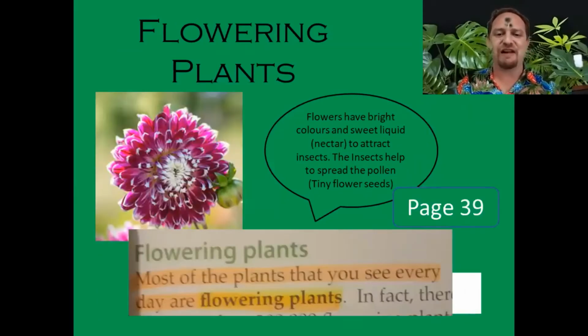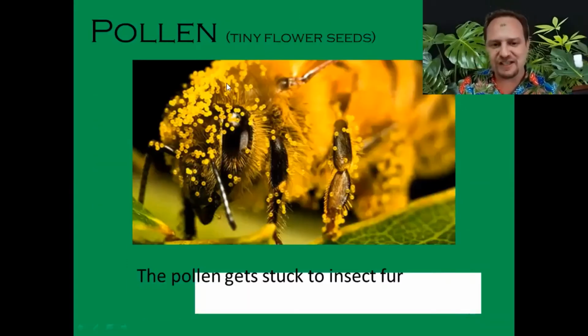Flowering plants. Flowers have beautiful bright colors to attract those insects, bees, other animals such as birds. A hummingbird will often be attracted to the nectar inside the flower. Pollen, if you can see the little yellow dust particles on the fur of the bee here.